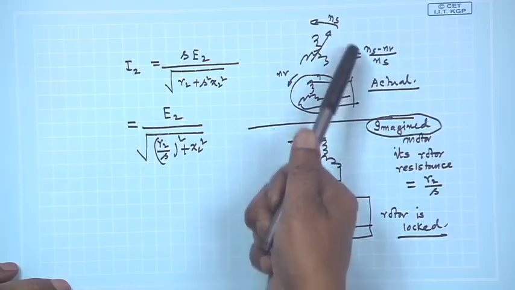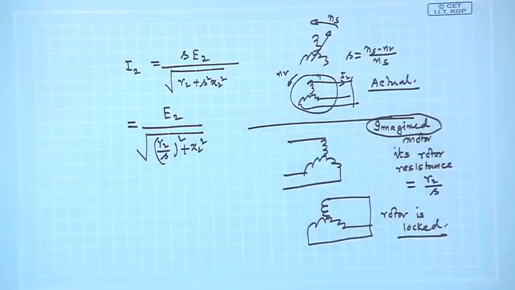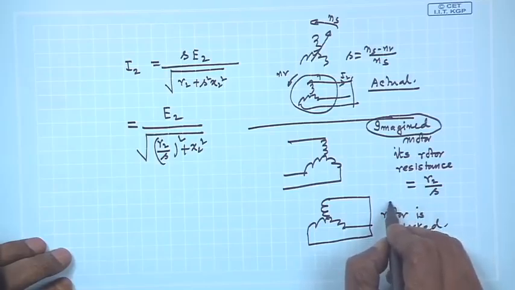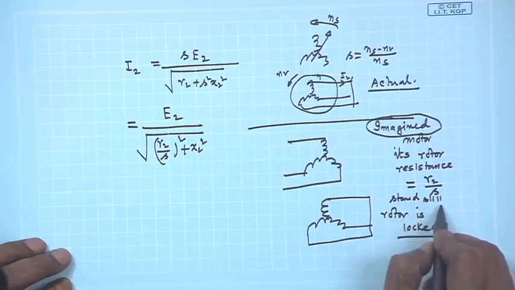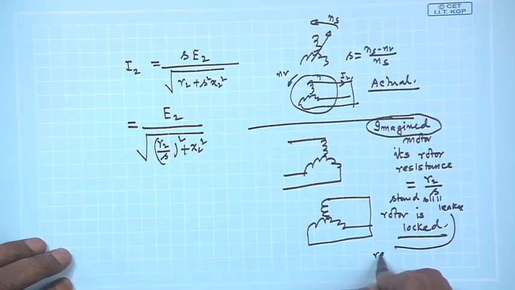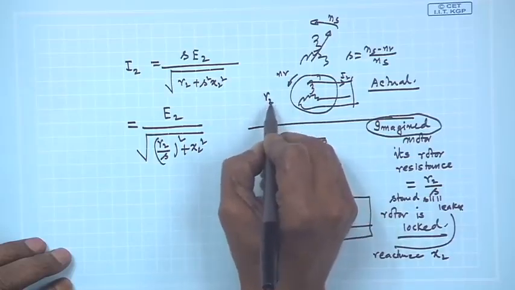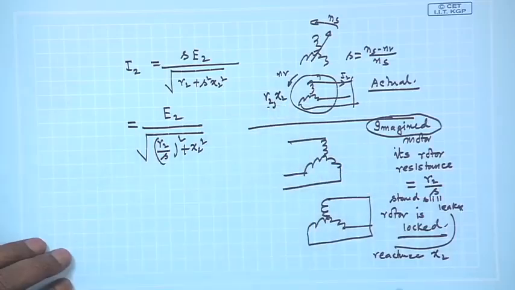S is the slip of the actual motor we are discussing. So this is R2 by S, and its standstill leakage reactance is the same as this one. The actual rotor has per phase resistance R2 and standstill leakage reactance X2 per phase.